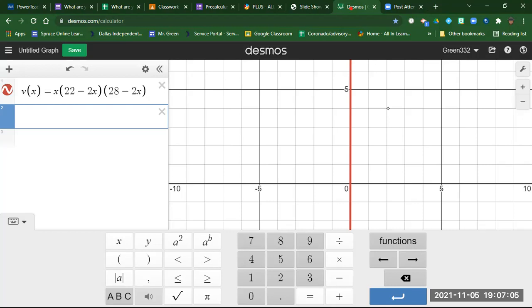Then we also want to graph, I'm going to say y equals 1.55. Okay, let's do it all at once.